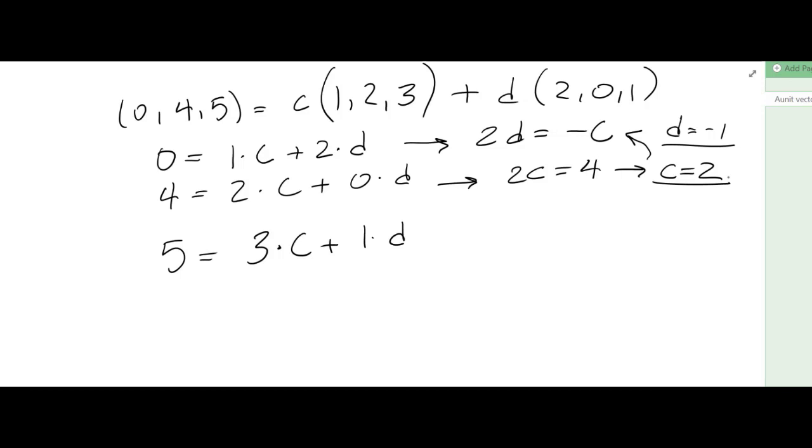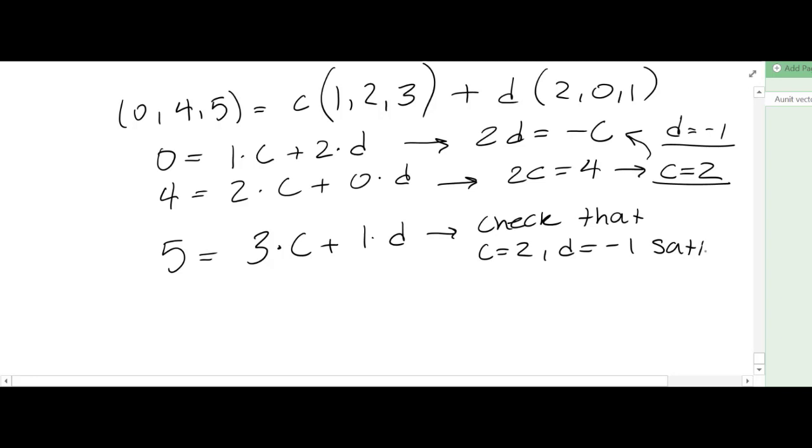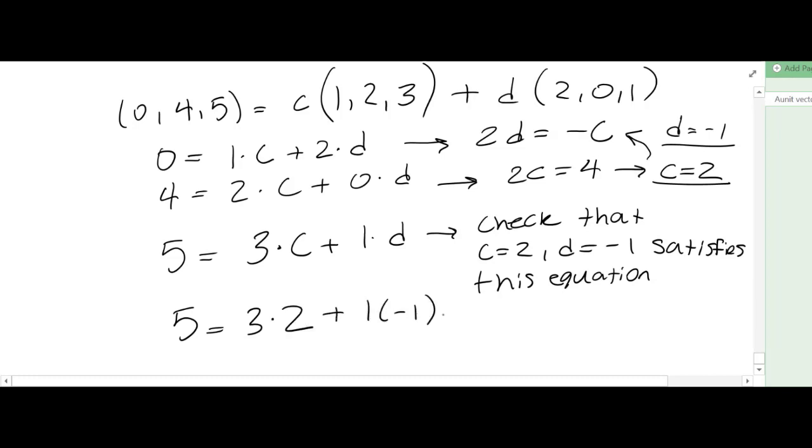And then we just have to check that this combination satisfies the last equation. So check that c equals 2, d equals negative 1 satisfies this equation. Well, obviously 5 equals 3 times 2 minus 1. So it works out.